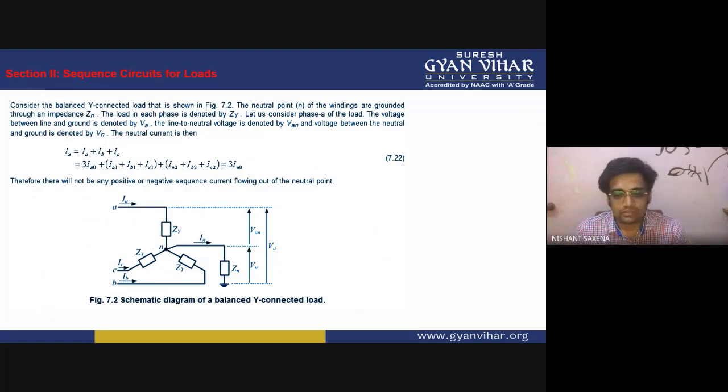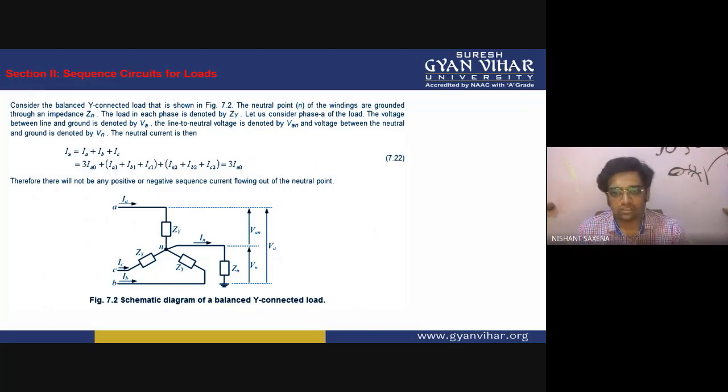In this, you can see that a star connected load is connected with the phase impedances of ZY, which are balanced since they are all the same. Zn is the impedance from line to the neutral, which is also called the ground impedance.